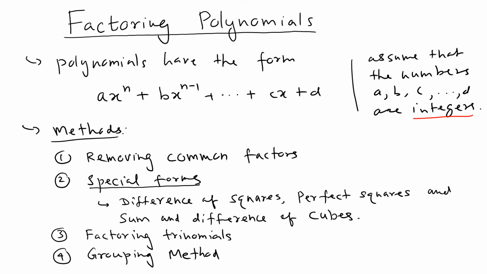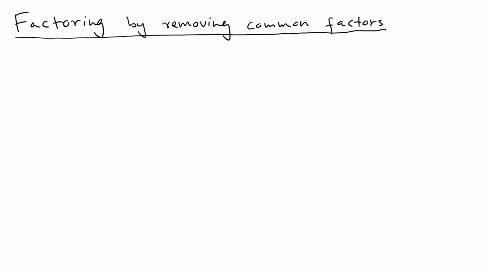So let's start with the first one, factoring by removing common factors. In this method, we're going to remove the common factor.